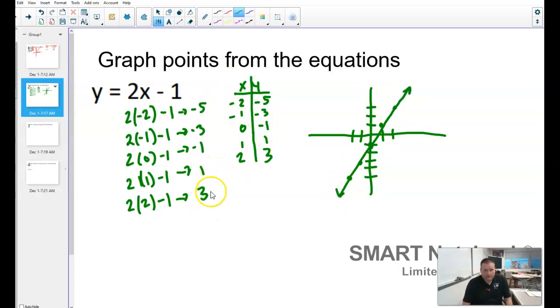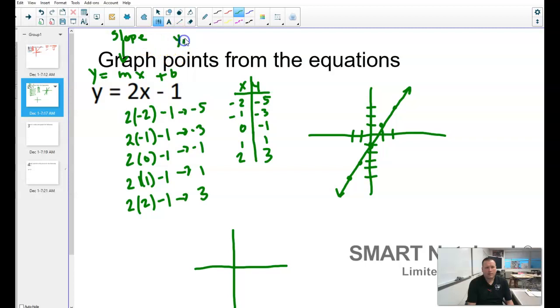I could have graphed this, just a quick reminder, using your slope-intercept form, which you guys probably should have remembered. If you guys remember, y equals mx plus b, where the m is my slope, and then the b is my y-intercept, meaning that's where it crosses the y-axis.